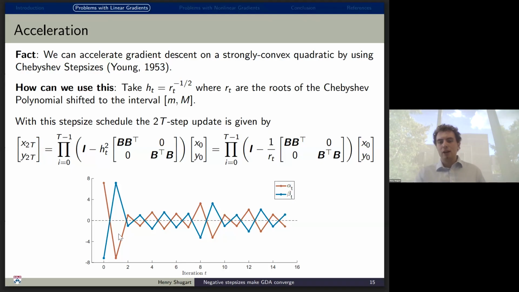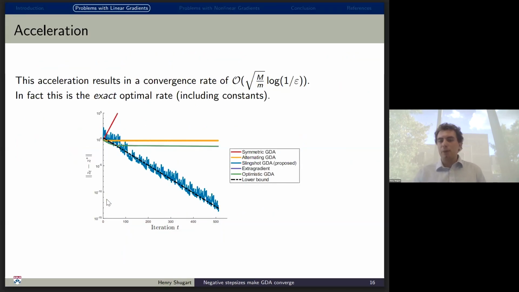And as you can see, both players alternate. The magnitudes change a little bit across each iteration, or a lot. In fact, there's quite a large gap between the smallest step and the largest step. And so the acceleration that we get recovers a convergence rate of square root of the condition number of the problem times log 1 over epsilon.